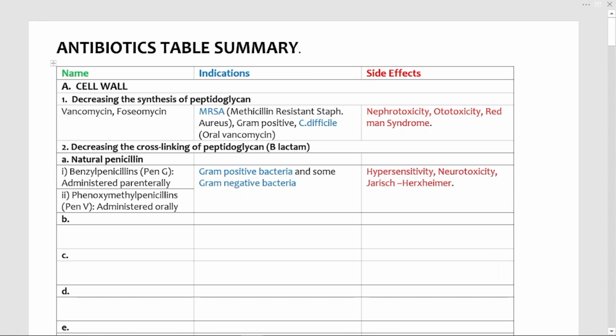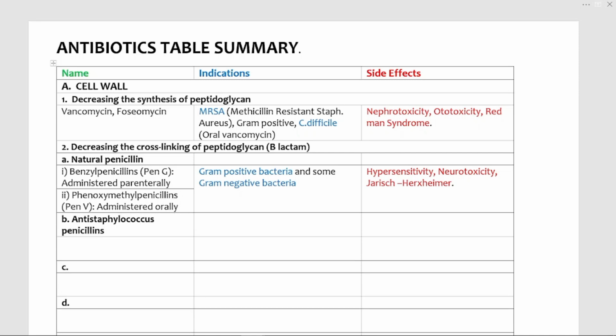Now let's move to another beta-lactam antibiotic, and that will be the anti-staphylococcus penicillin.